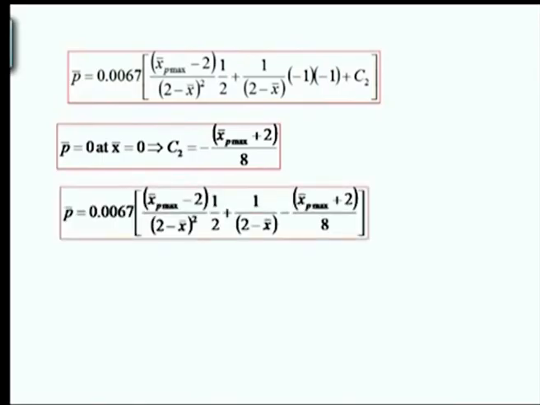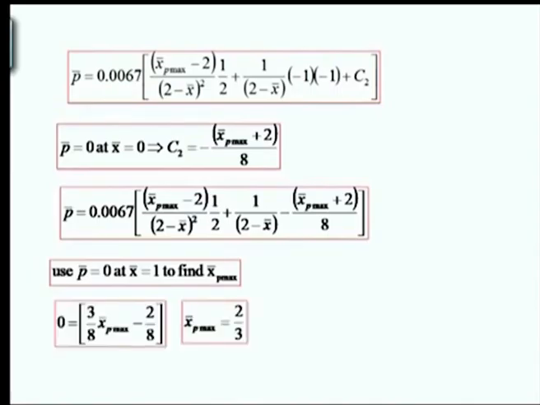Now, we can substitute this value in this expression to simplify it, and we get a result something like this. Now, we can use the second boundary condition, that is pressure 0 at x bar equal to 1, and that is going to give us the location of maximum pressure. When we substitute it, it turns out x bar p max is 5/3, that is a non-dimensional term, and this is the value given over here.